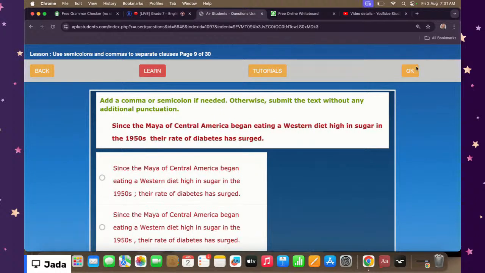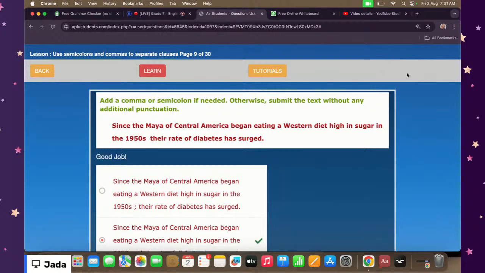Since the Maya of Central America began eating a Western diet high in sugar in the 1950s, their rate of diabetes has surged. "Since" is a subordinating conjunction, so that means it's starting with a dependent clause, and we need to put a comma to connect the dependent and the independent.